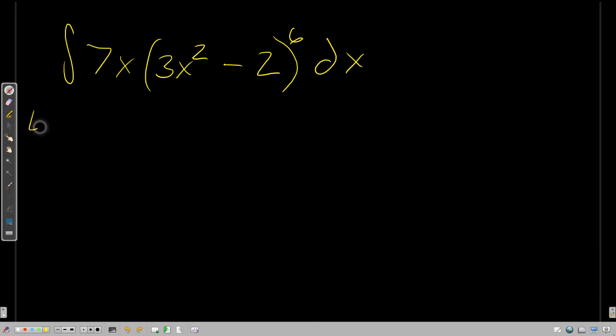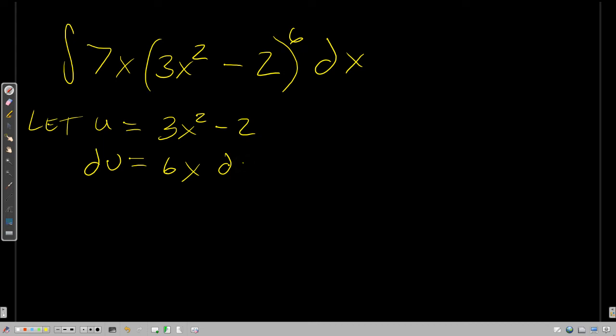So I can say, just let u be all of that x squared term, then du would be 6x dx. Now I wish it said 7x dx. Well, that's easy to do. Let's just multiply both sides by 7/6.